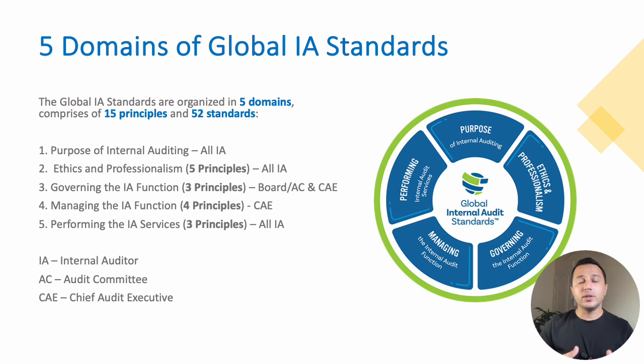And within each principle, then they have stipulated the standards. So there are total 5 domains. Within 5 domains, there are 15 principles, and within those 15 principles, there are 52 standards. That's how the IIA have structured the internal audit standards.